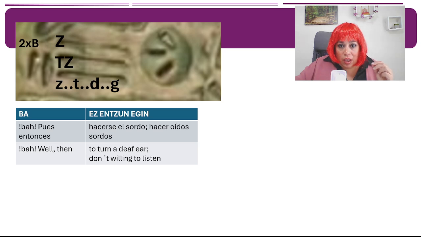So if we put it together with these two previous symbols, it will give you the expression ba. Well, then, to turn a deaf ear. If we put these symbols together with this one, it will say ba. Well, not willing to listen. Listen to this reprimand.